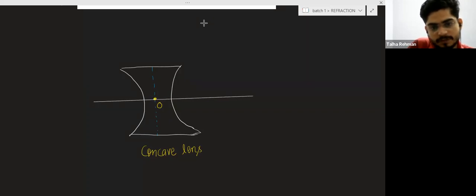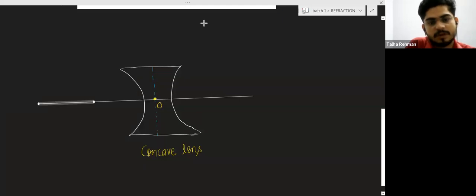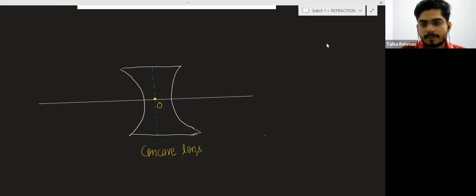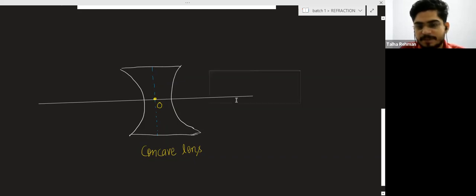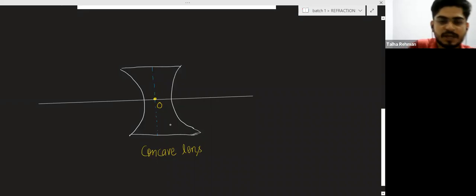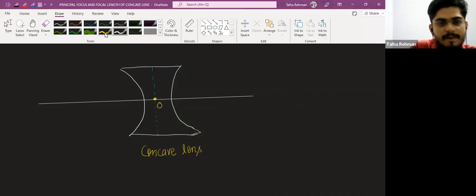I have already discussed the principal axis and the optical center. So this center point is the optical center of this concave lens, this line is the principal axis, and this is the concave lens. Now we will define the focus and the focal length of the concave lens.